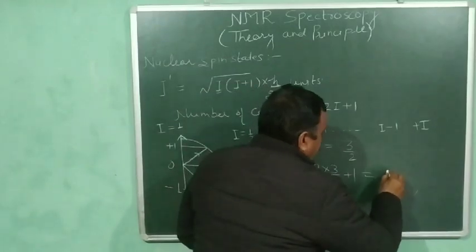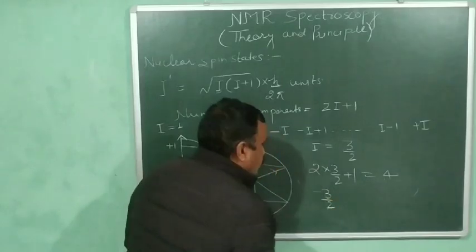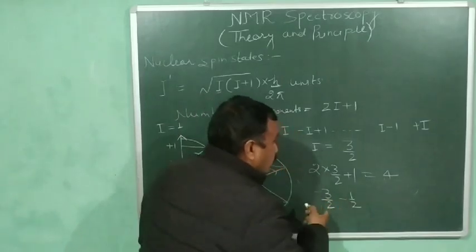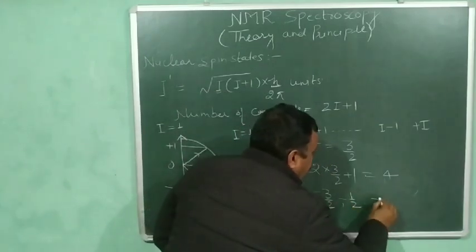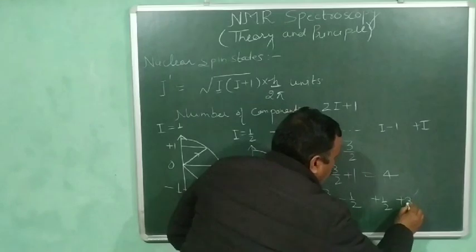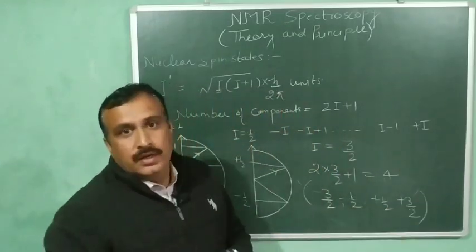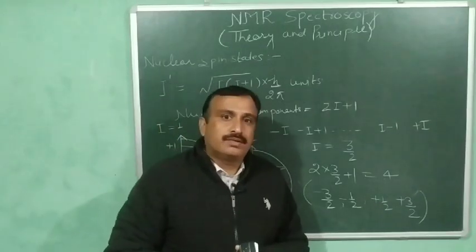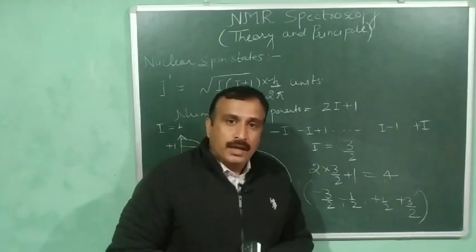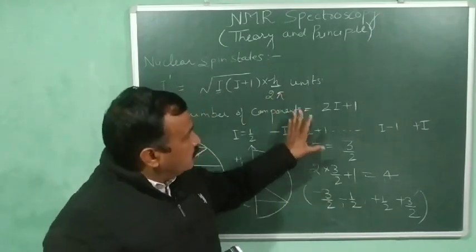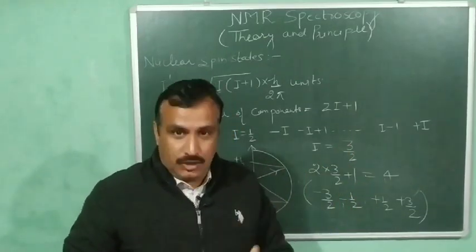Okay, and we have 4 components, and the components will be -3 by 2, then -3 by 2 plus 1, which is equal to -1 by 2, then we have +1 by 2, and the last component will be +3 by 2. So these are the 4 components of the angular momentum vector when I is equal to 3 by 2. Okay, and students, these components of the angular momentum vector are called nuclear spin states.